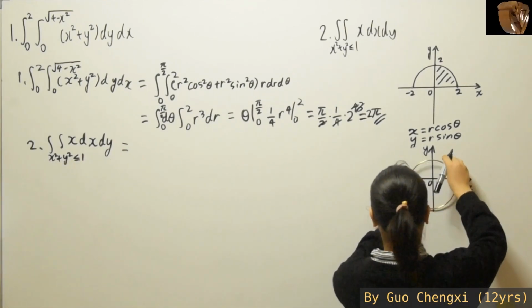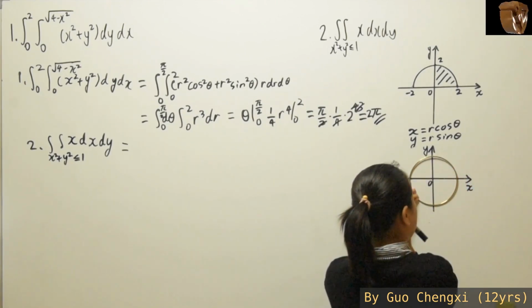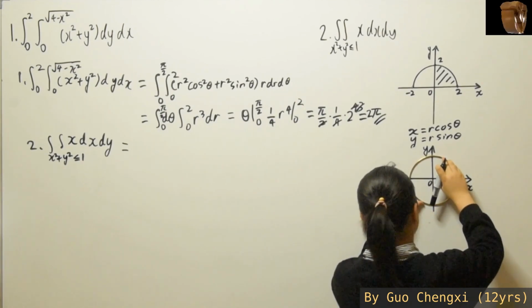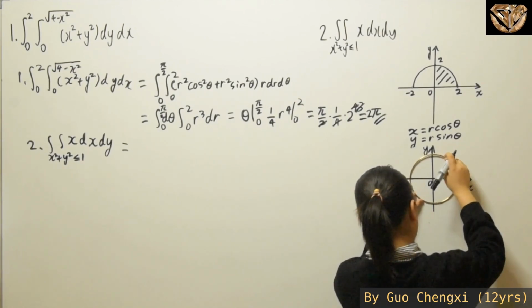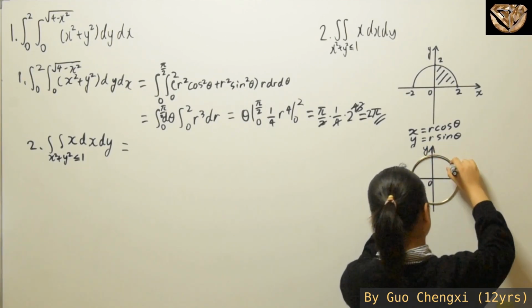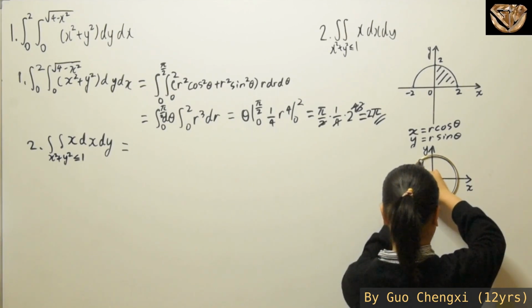So over here what we have for this part is x squared plus y squared is smaller or equals to 1. So we are going to have a full circle over here with our radius as 1. Although these two may look the same size, they are just for different questions, so they are different.